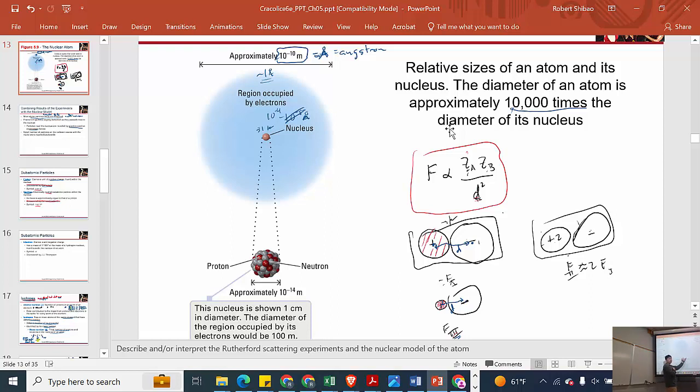The weak nuclear force or the strong nuclear force? Strong. You would think the strong are holding it together, but you know it's not the strong. You know what's holding it together? The weak nuclear force. So the weak nuclear force can overcome Coulomb's law because the forces are much stronger and hold the nucleus together. Otherwise this whole thing would fall apart.